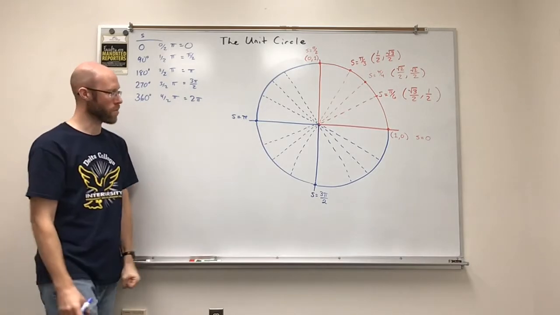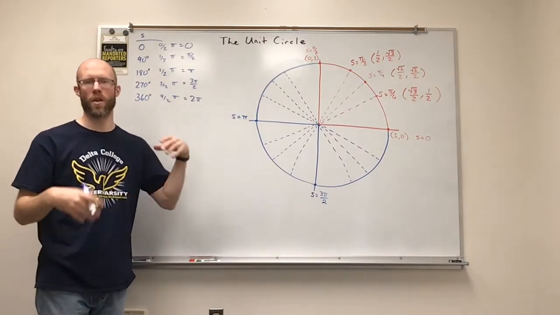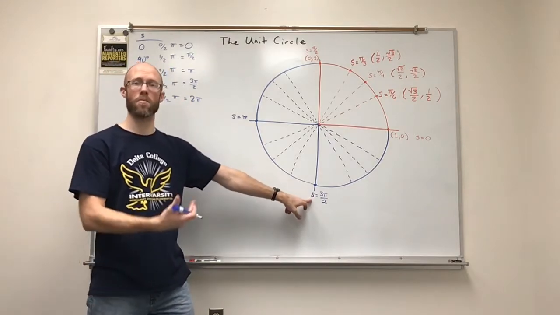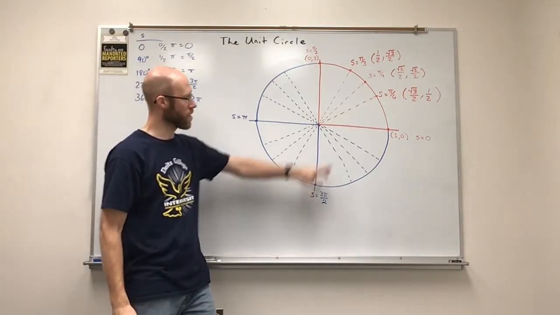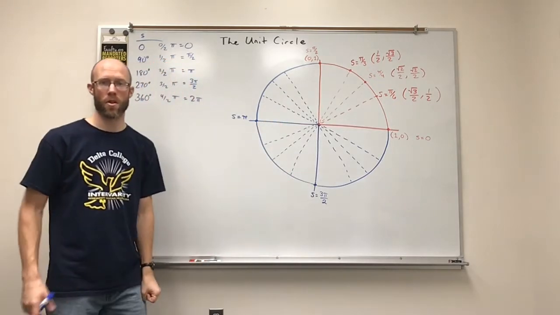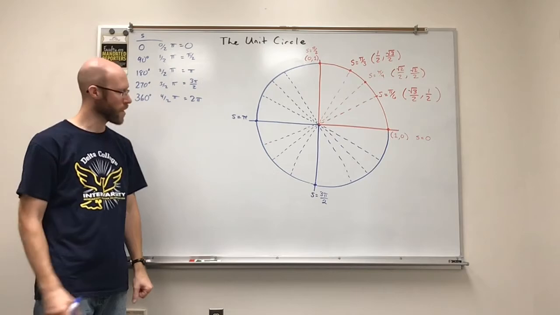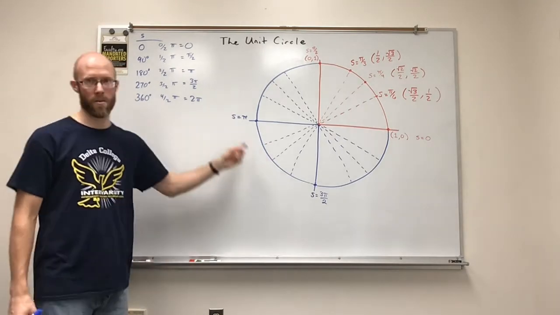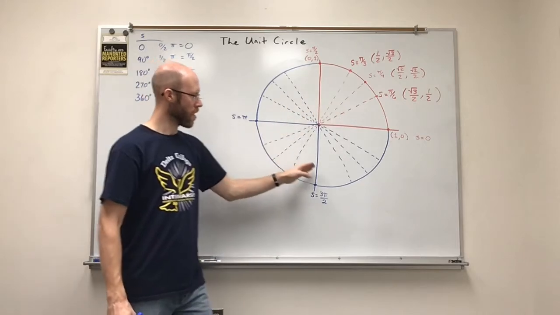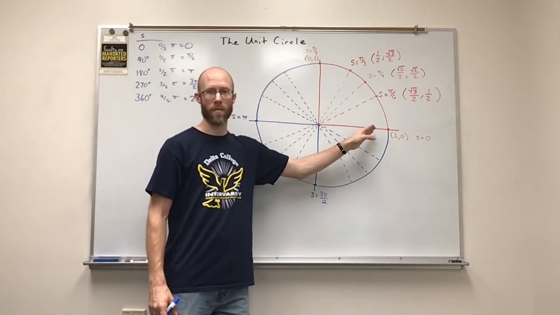Sometimes it's kind of nice, if you don't have them memorized, you can determine that 270 down here is 1, 2, 3 pi over 2, right? It's the third half of a pi, or it's 1.5 pi around. All these fractions are just going to be portions of 2 pi, okay?